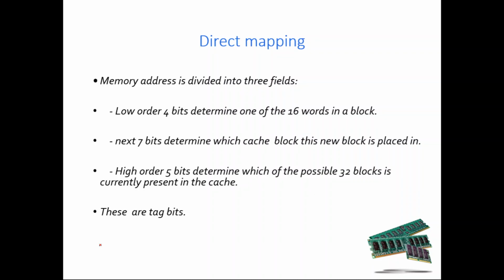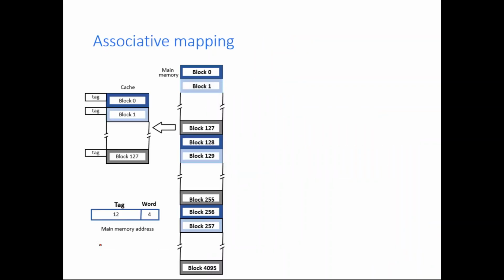The problem with direct mapping is that it is less flexible. It is simple to implement, but not flexible. That's the reason we go for the next type of mapping, which is called associative mapping. In associative mapping, we don't divide the block number by 128 or anything.